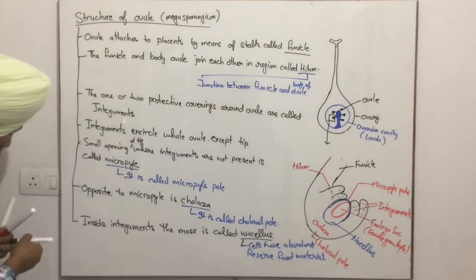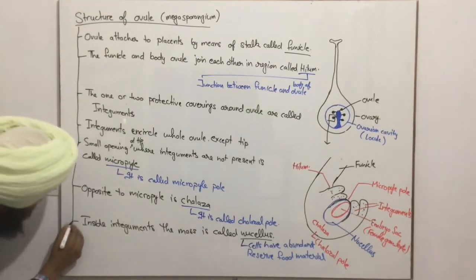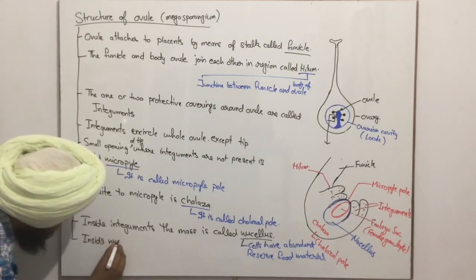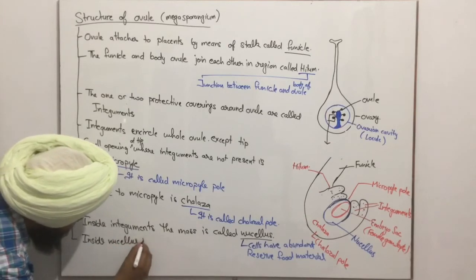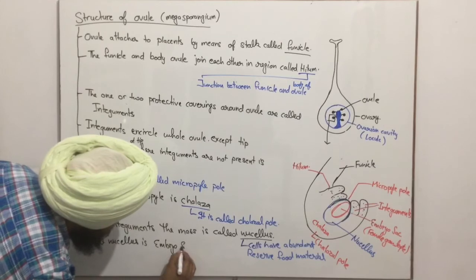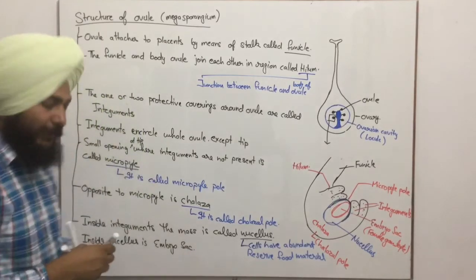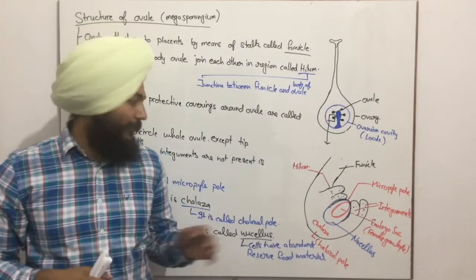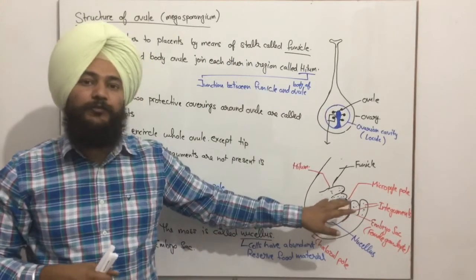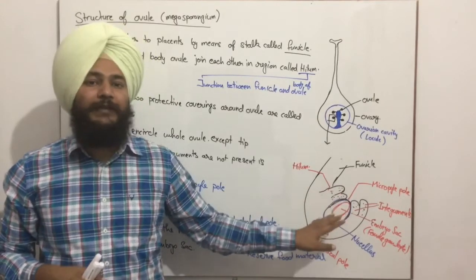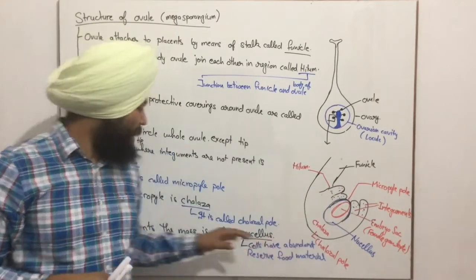So inside the nucellus is the embryo sac. Where the embryo sac is present in the nucellus and how it is formed, we will discuss later in this topic, okay.